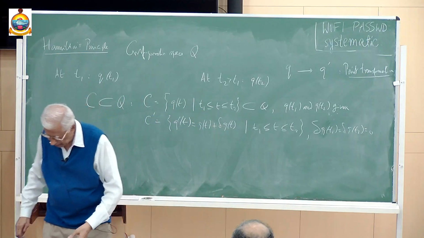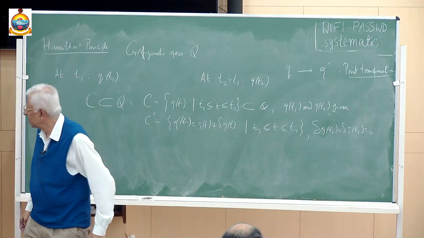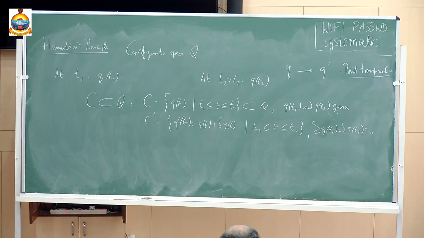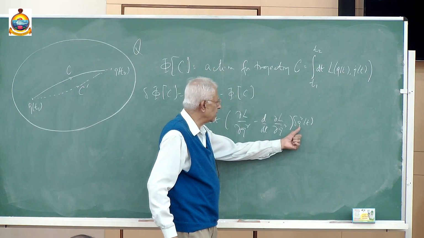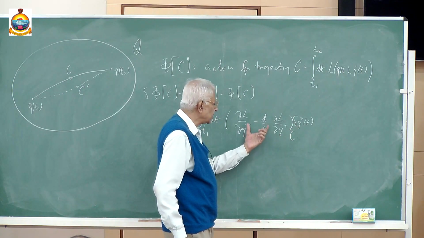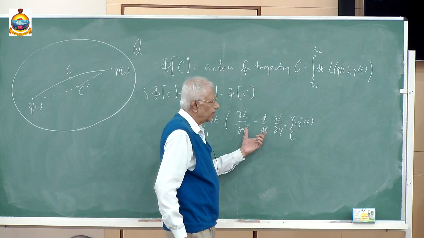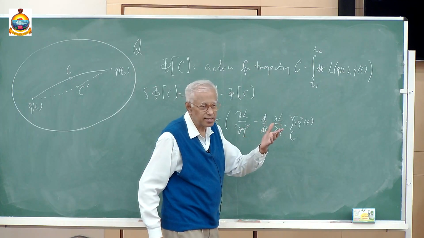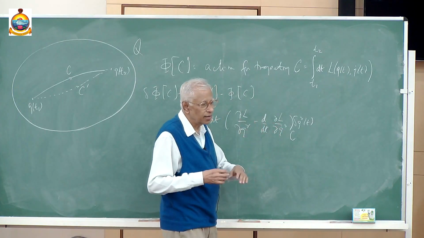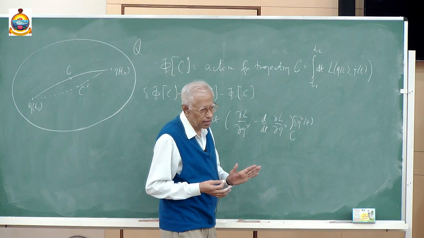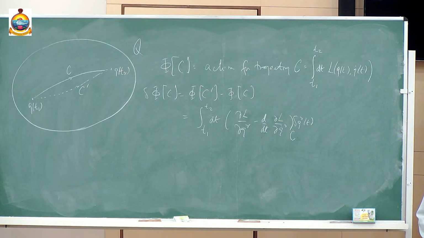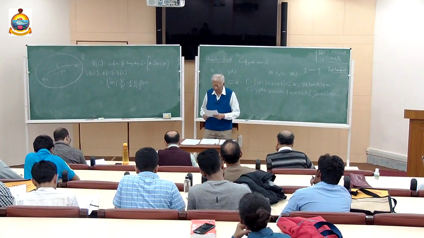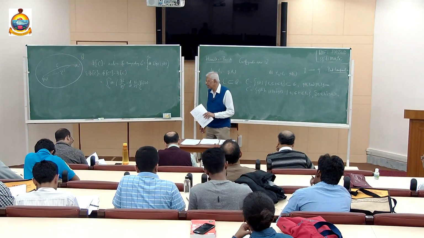Now, you look at this expression. What appears in the integrand multiplying the changes delta q r in each of the generalized coordinates is just the expression which Lagrange's equations of motion say should be 0 along the actual motion. All right. So, now we can state the Hamilton action principle in this way.